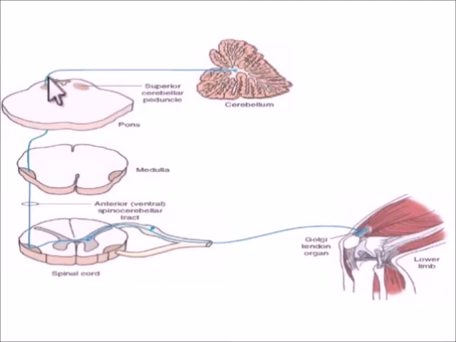As I said, from the lower part of the midbrain, it goes through the superior cerebellar peduncle to reach the spinocerebellum of the same side. So this double crossing is actually needed to make the tract to reach the same side of spinocerebellum area.